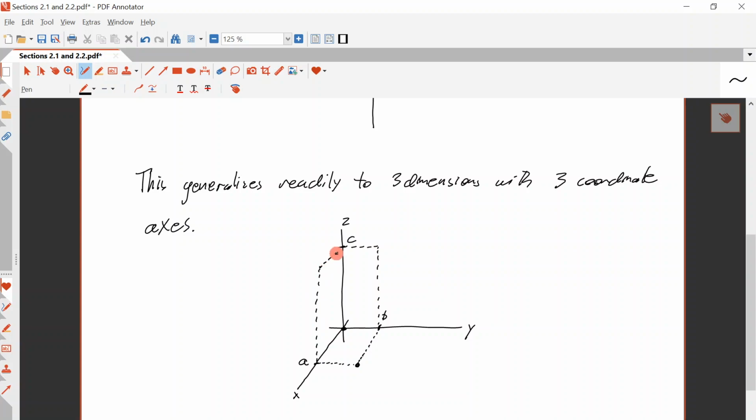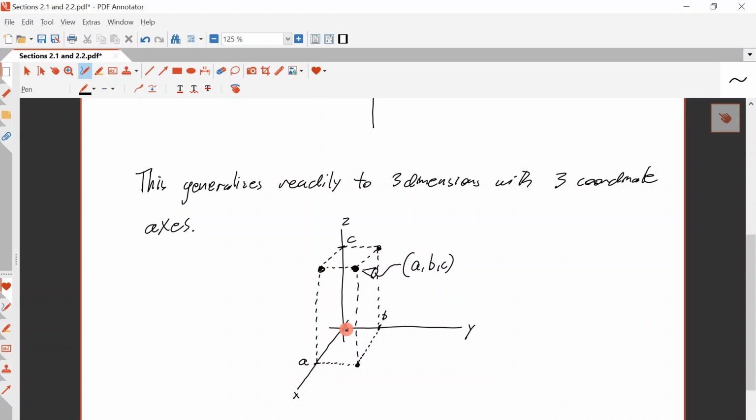And I will explain more about these lines in just a minute. Then this point right here is the point A, comma B, comma C.